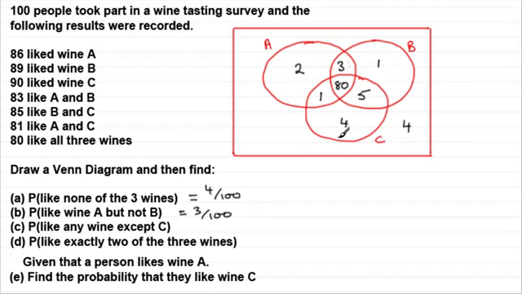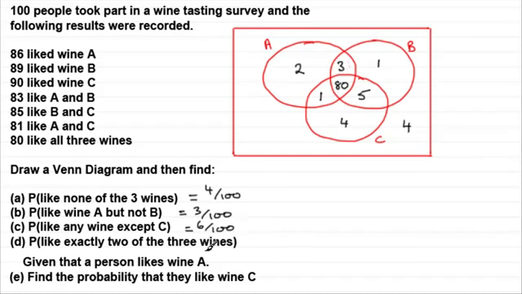Well, these people in here like wine C, so we're looking for people who like a wine but not wine C. So it's got to be these 2 people who like just A, these 3 people that like A and B but not C, and this one person who likes wine B but not C. So we've got a total of 2, 3 and 1. 6 in other words out of 100. So this probability is going to be 6 out of 100.